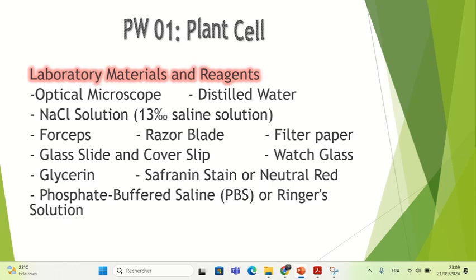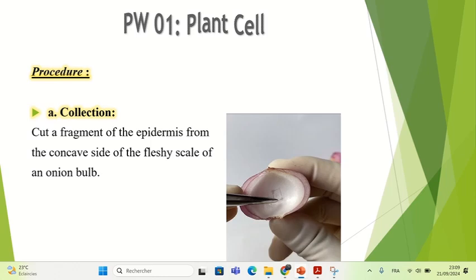About laboratory material and reagents. In this practical work, we used the optical microscope, distilled water, saline solution, forceps, glass slide and cover slip, glycerin, razor blade, filter paper, watch glass, neutral red, and the Ranvier's solution. Procedure one is the collection.